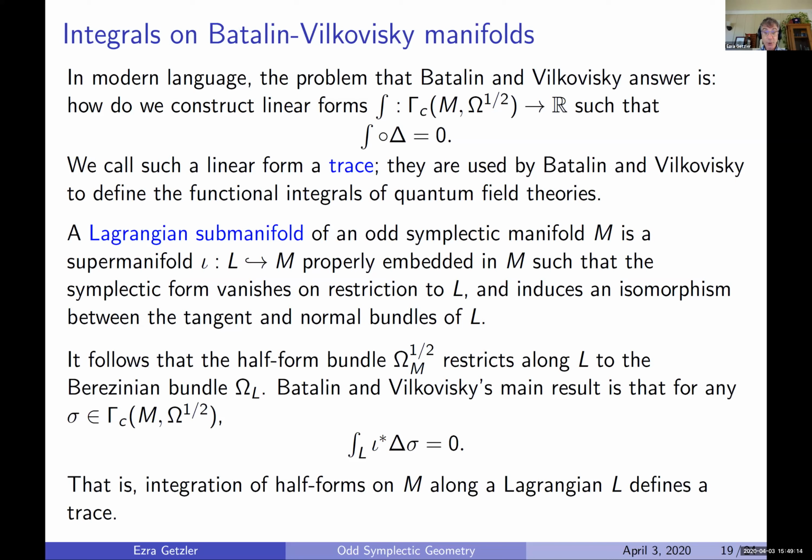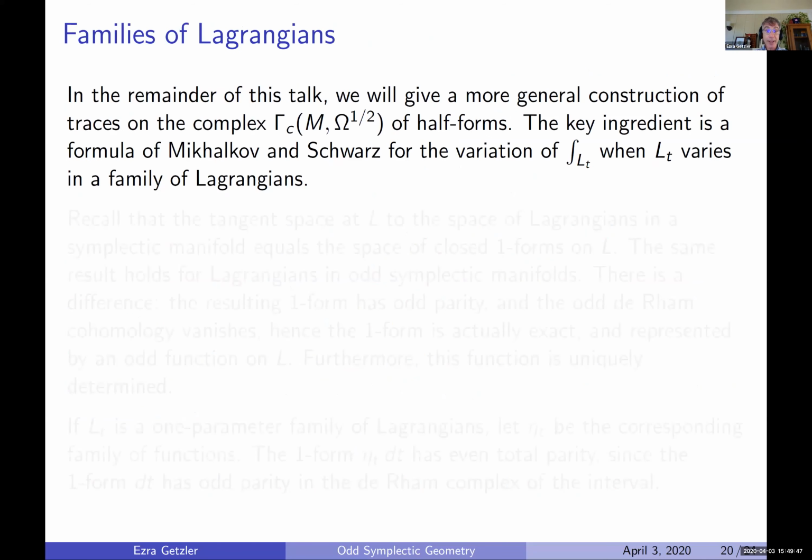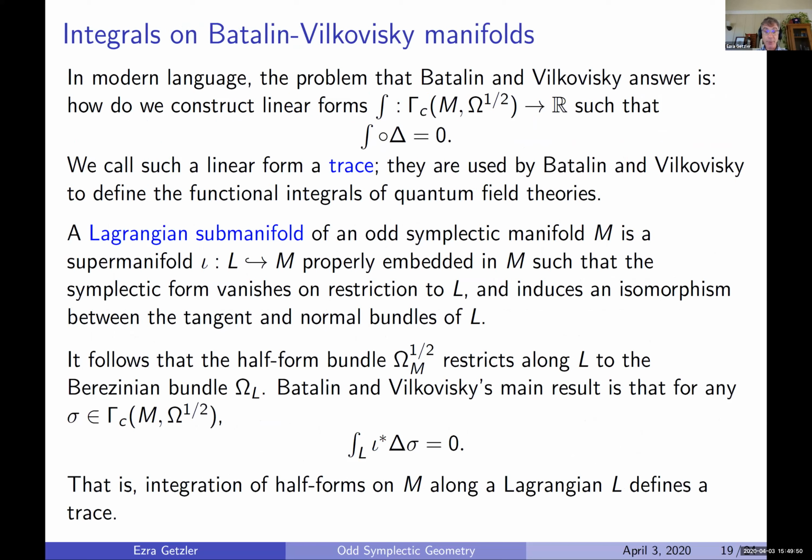Now, if you do a little bit of linear algebra or superalgebra, you'll see that the half-form bundle of M restricts to the Berezinian bundle of L. That isomorphism is canonical. And so you can integrate the restriction of a section of the half-form bundle over L. And their main result is that that defines a trace. Okay, so that's in fact a consequence of the Darboux-Weinstein theorem.